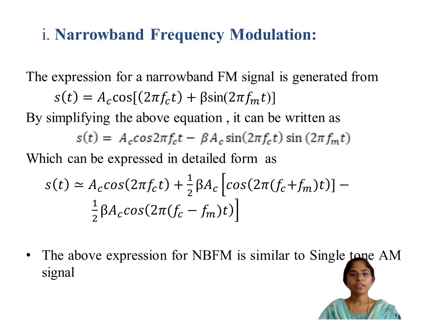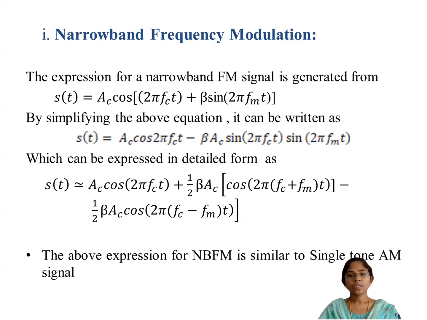Coming to narrow band frequency modulation, what is the value of beta? The value of beta is less than 1 radian. Take the mathematical representation of the FM signal, S of t is equal to AC cos of 2 pi fct plus beta sine 2 pi fmt. We need to expand this cos of A plus B, which is cos A cos B minus sin A sin B. Cos A is cos 2 pi fct. Cos B is cos of beta sine 2 pi fmt.